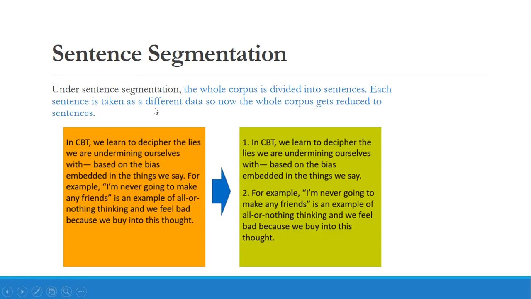Each sentence is taken as a different data. So now the whole corpus gets reduced to sentences. After applying sentence segmentation, we get 2 different documents where each sentence refers to one document.